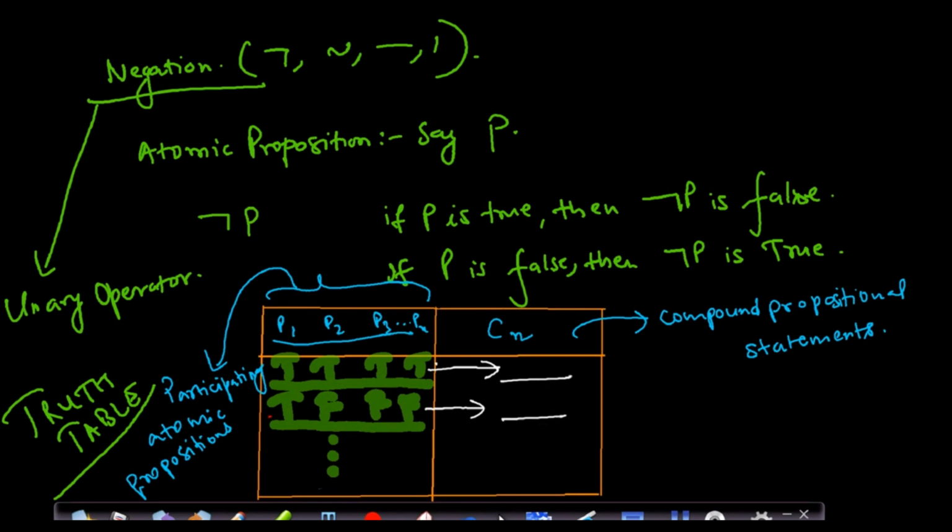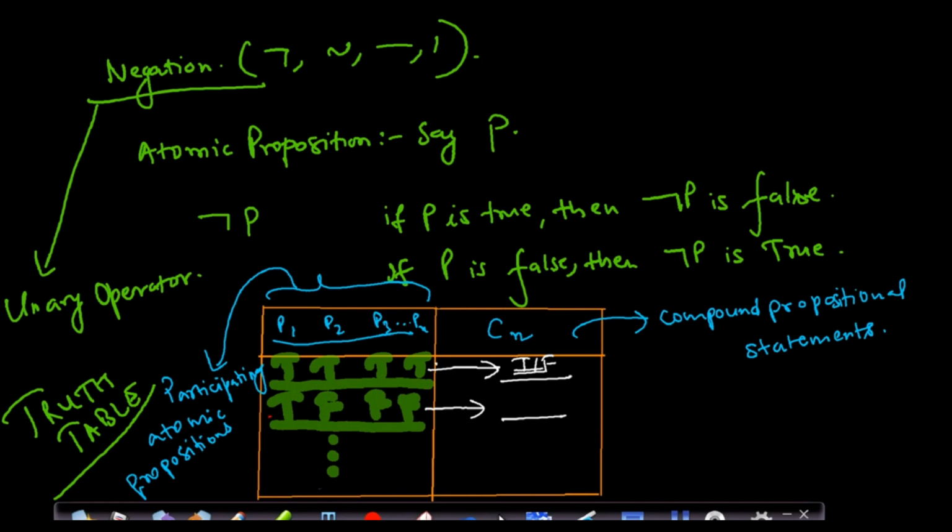So when all of the participating atomic propositions are true, what would be the truth value of the compound propositional statement?